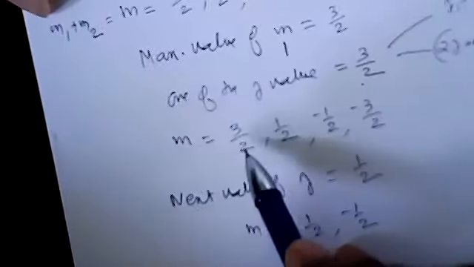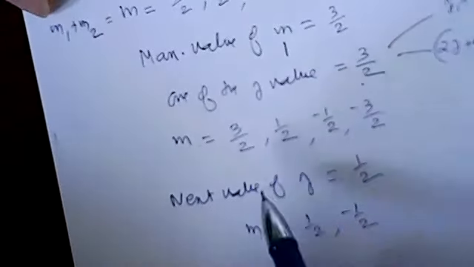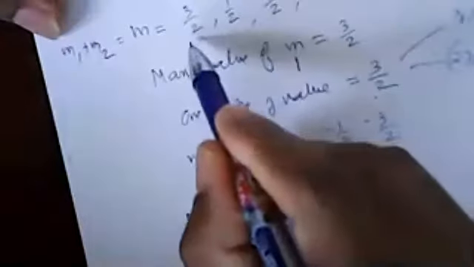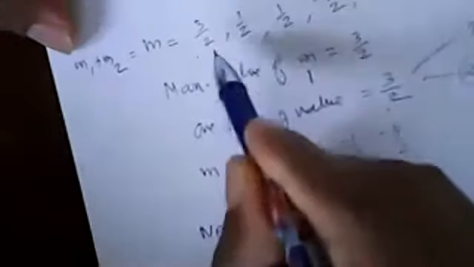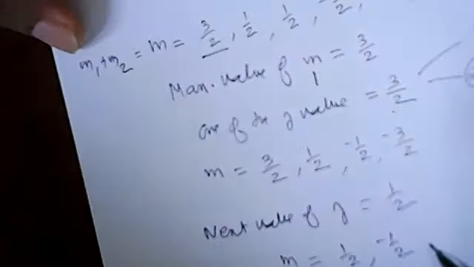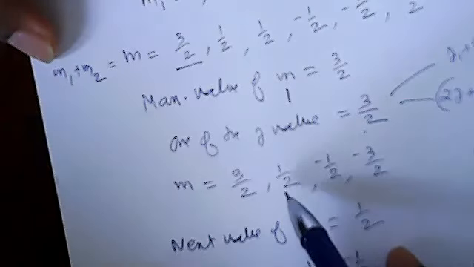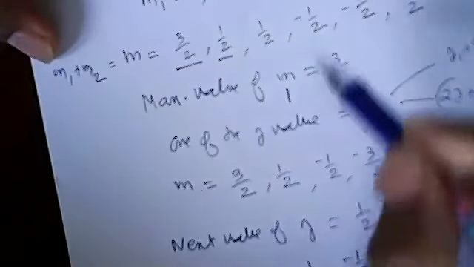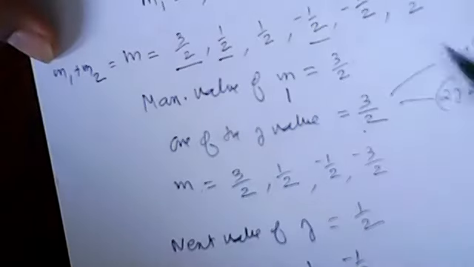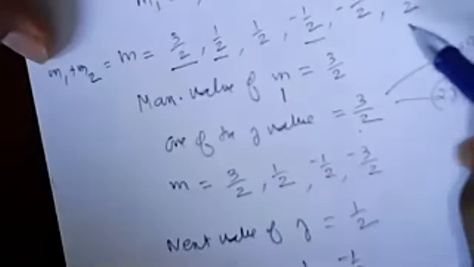So let us identify first the j equal to 3 by 2 values. This is 3 by 2, this is the half, this is the minus half, then this is minus 3 by 2.